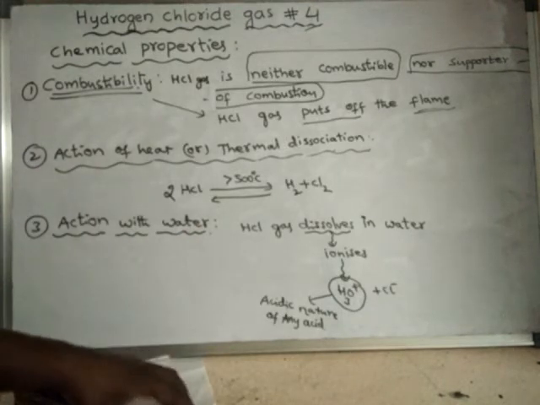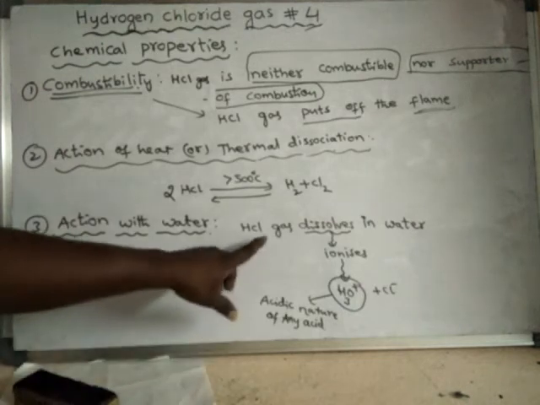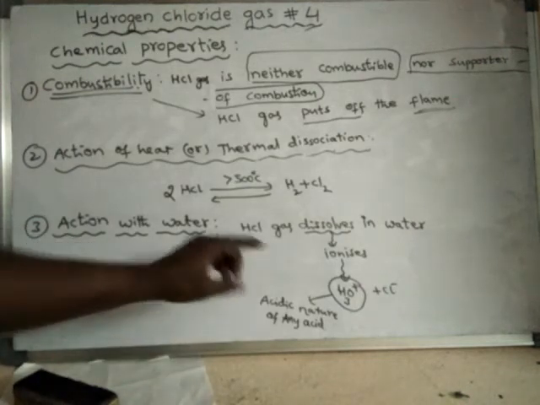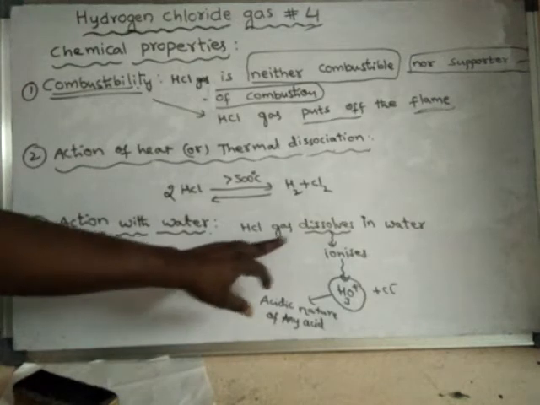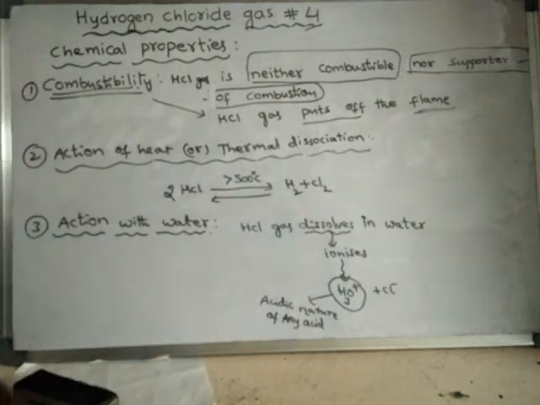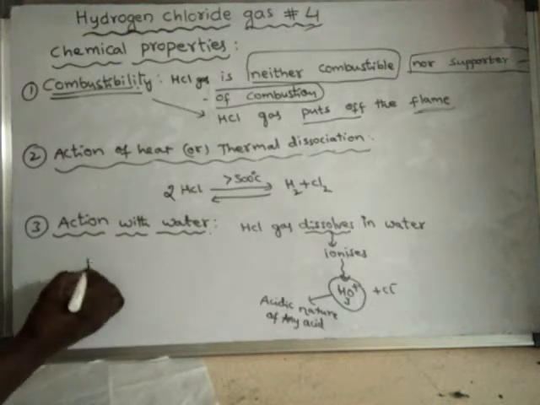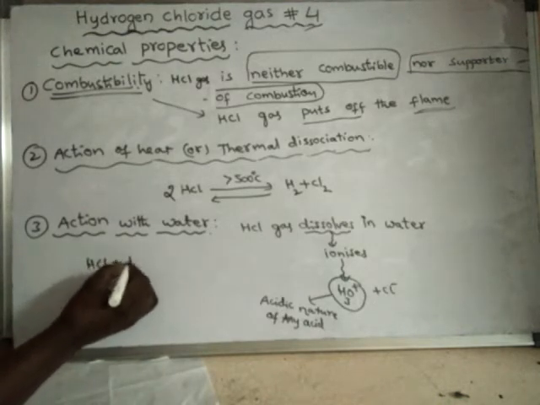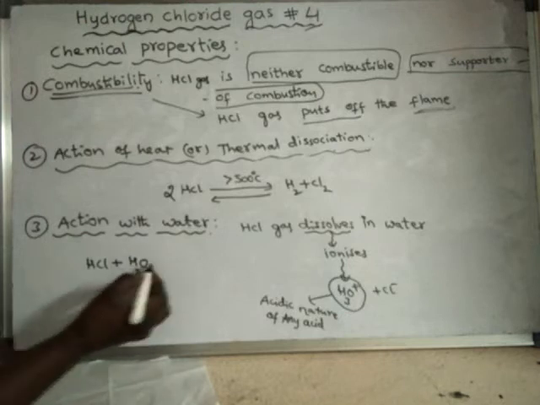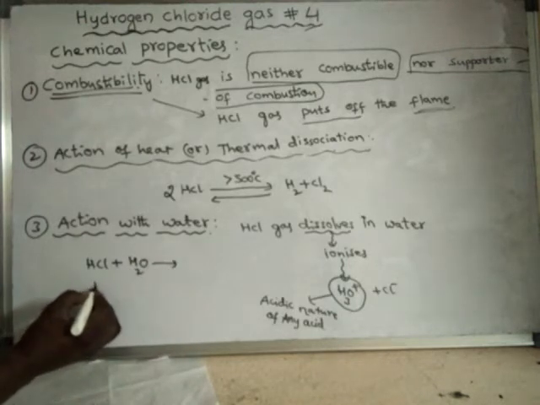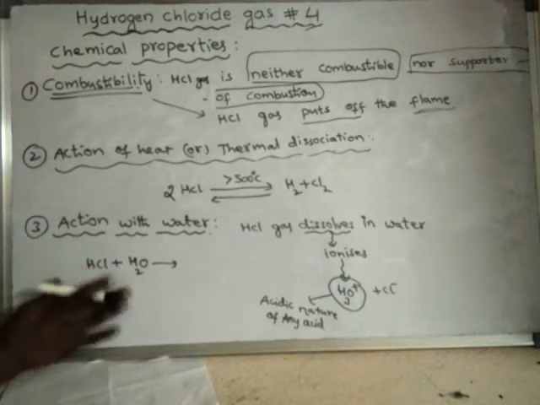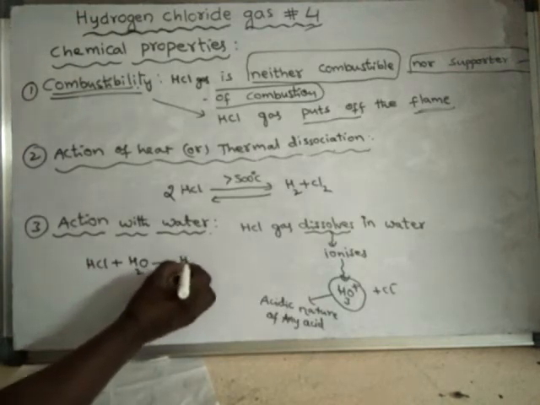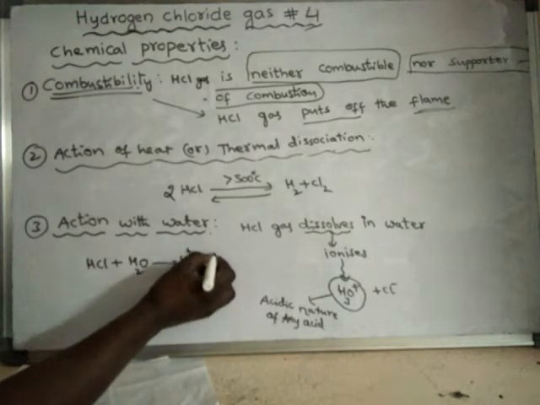Whenever HCl gas is introduced in water, it will dissolve in water and break down into ions. In the water, HCl will break down into H plus ion and Cl minus ions.